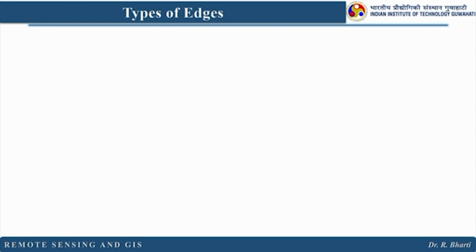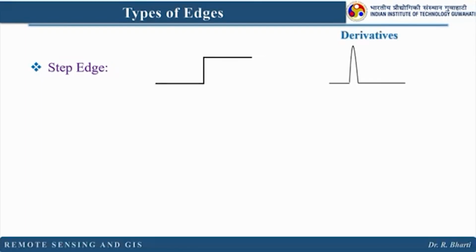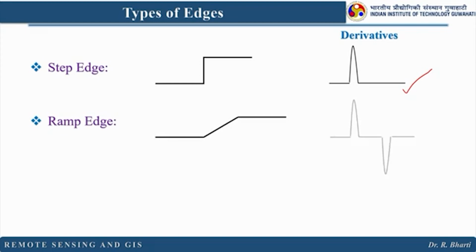Now what are the different types of edges we have? So let us see. First one is step edge. In step edge, this is the behavior of the change in the intensity, and if you do the first derivative, in the first derivative this will be the behavior, right? The second type is ramp edge, which will look like this, and its derivative will be this, right?